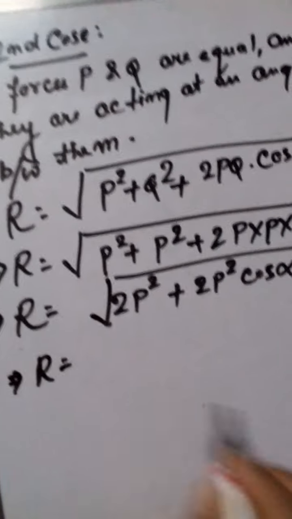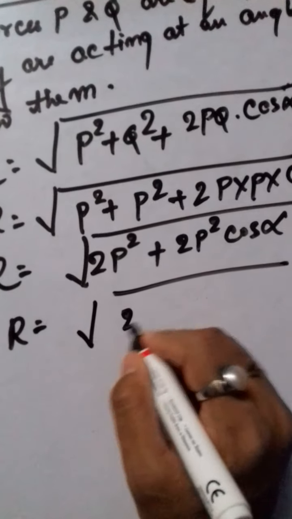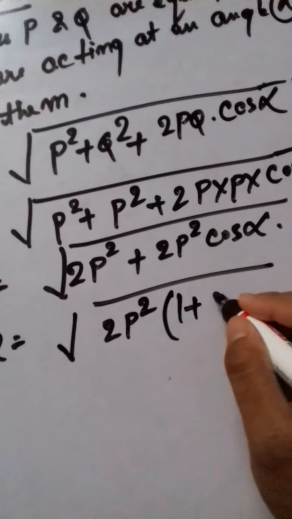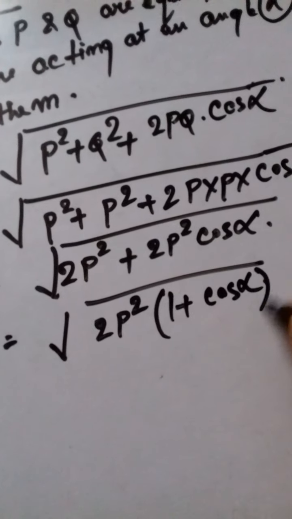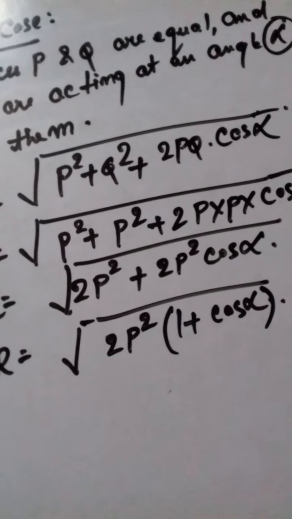Okay. What can we write? We can just take 2P squared as common. Taking 2P squared common, it is equal to 1 plus cos alpha.